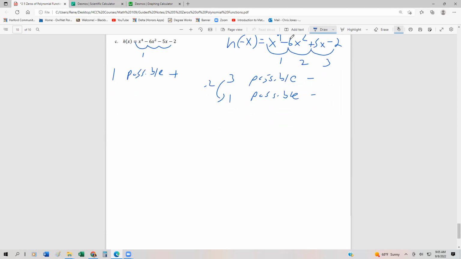And so from our chart, there's 2 outcomes that could occur. So possible positive is 1, and then we have 3 and 1 for possible negatives.